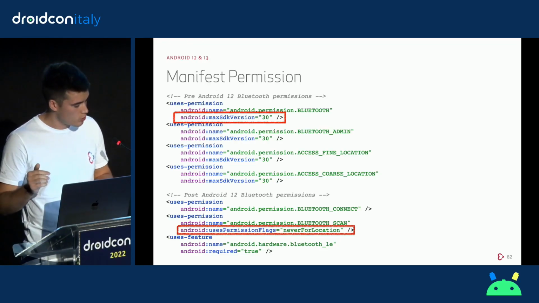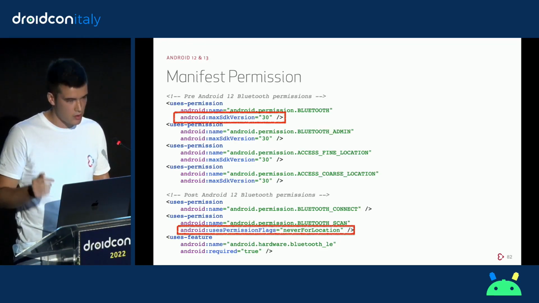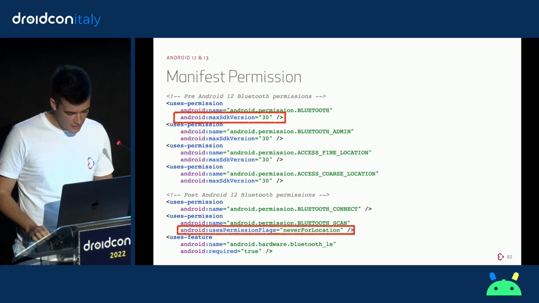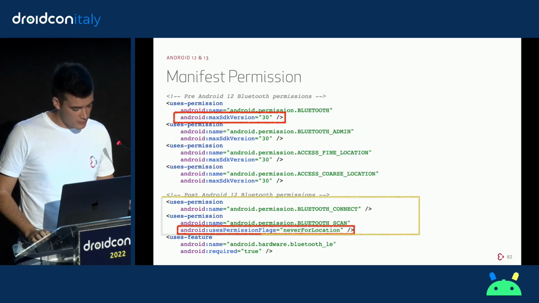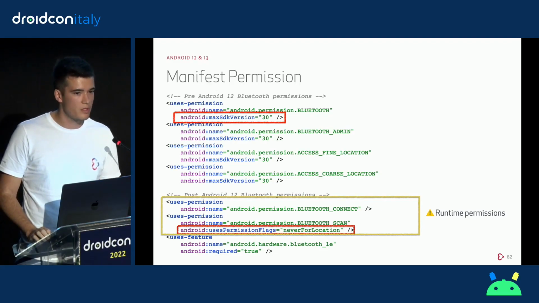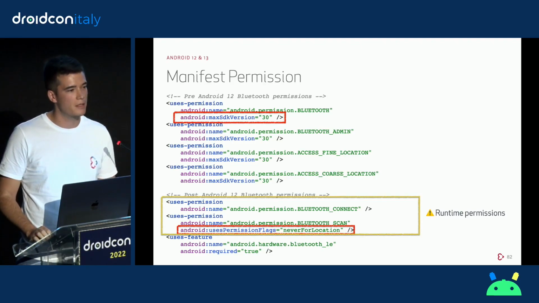They added also a new permission, which is the Advertise permission, if your app makes the phone discoverable in some way. And please remember that those permissions are still runtime permissions. So you still need to ask for them at runtime and provide some kind of nice UX to your user to educate them.